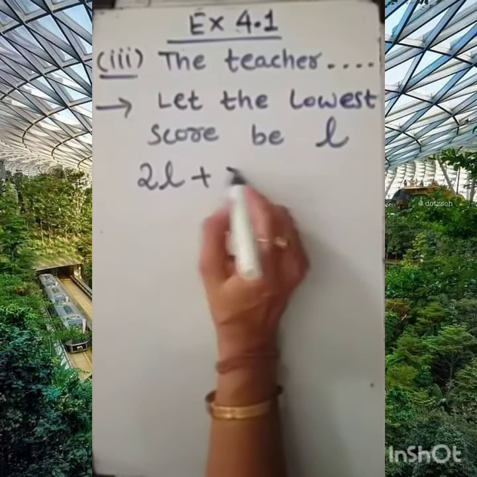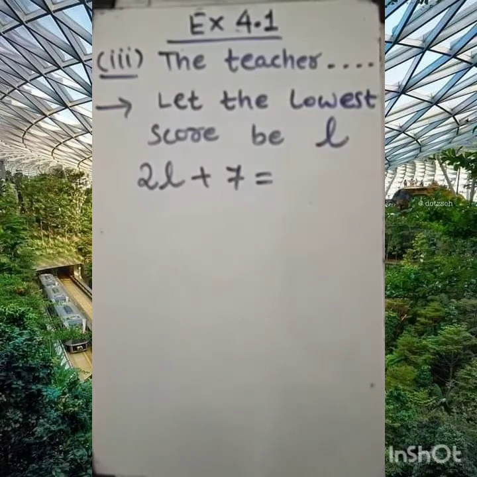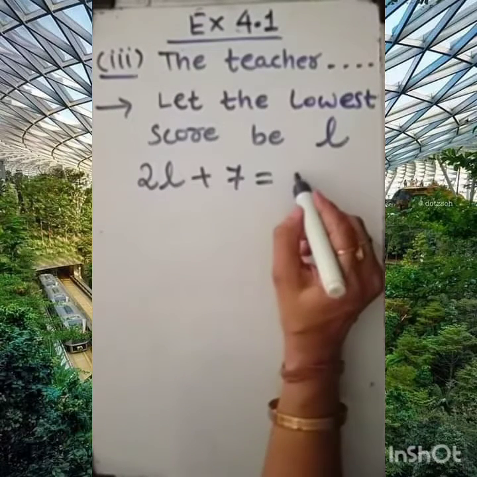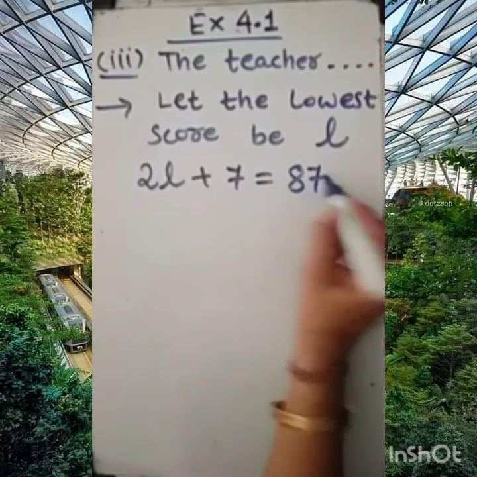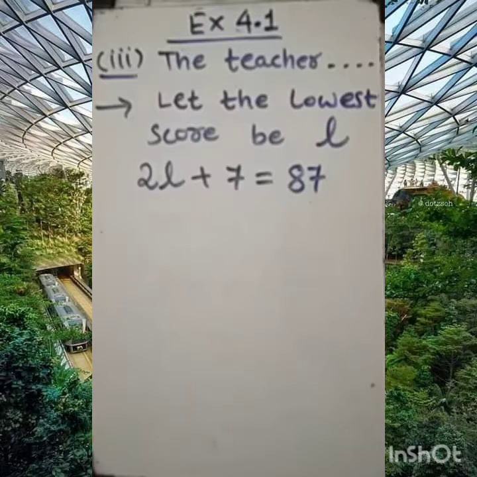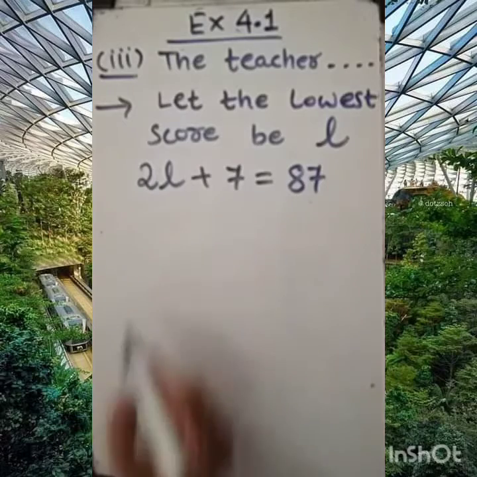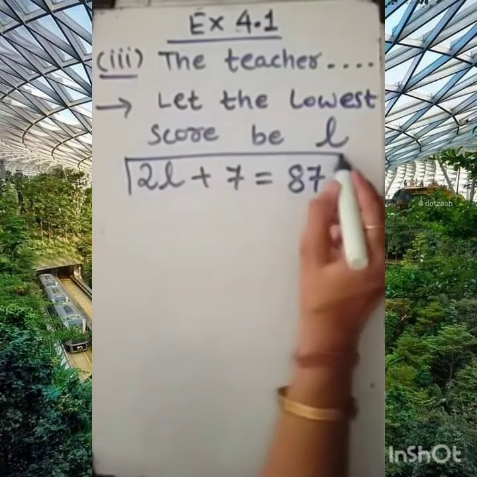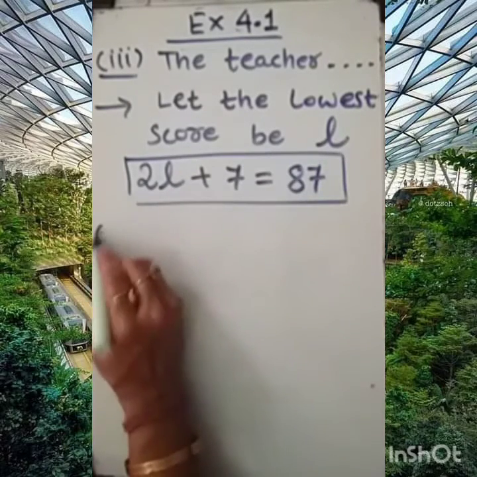The result, the score for the highest marks, is 87 on the right side. So dear student, the equation will become 2l plus 7 equals 87. Here l is an unknown variable. Keep this in mind, okay?